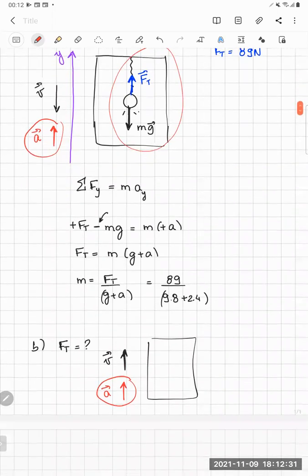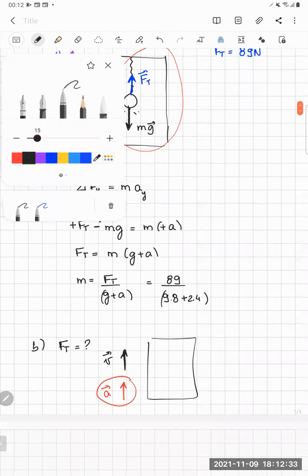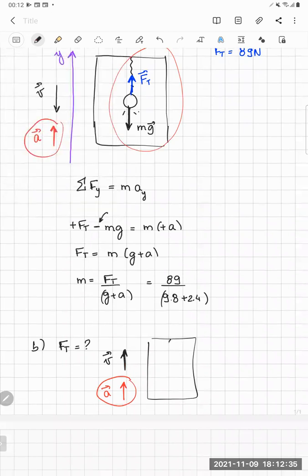Now, if you want, we can go on and rewrite the story. We have here the lamp, mg pointing down, just as above, tension force along the cord pointing up. So you see that we have exactly the same thing as before. Tension up, mg down, acceleration up. Why is it up here?